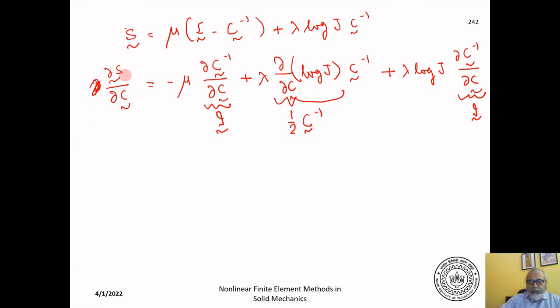Here this is a fourth order tensor, and this term needs to be handled a little carefully. These terms are fourth order tensors.